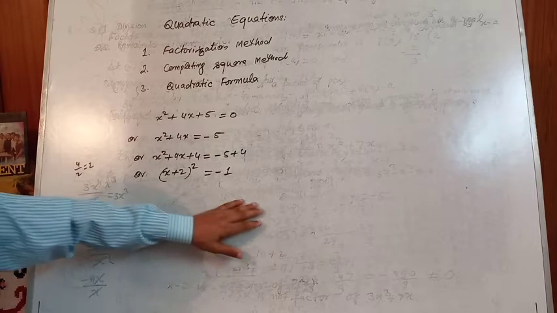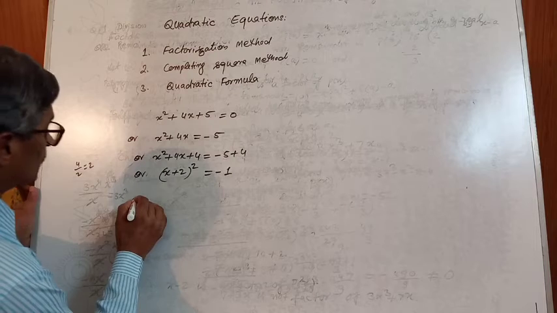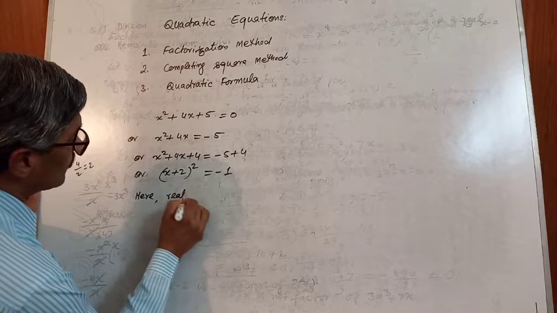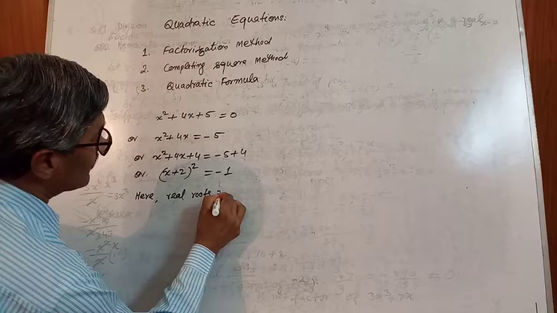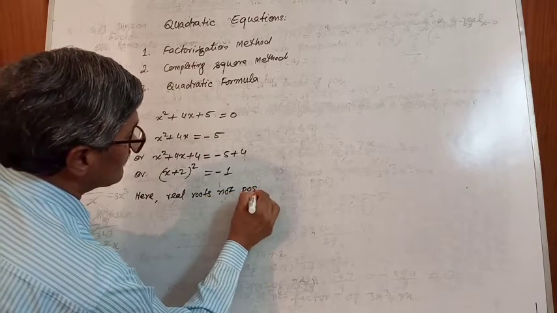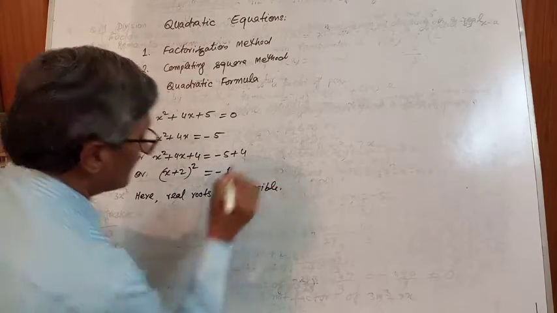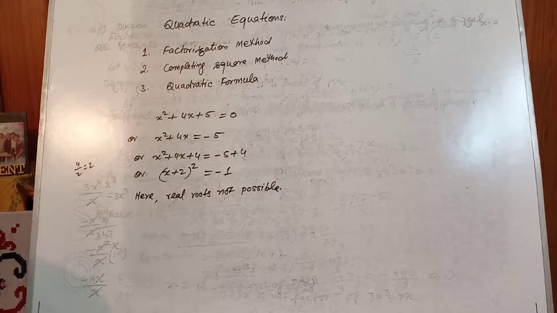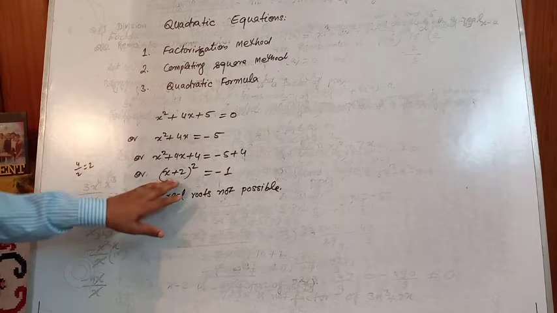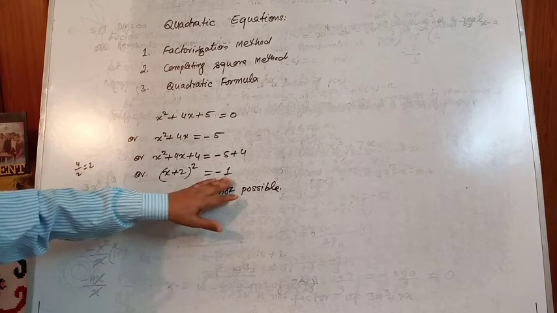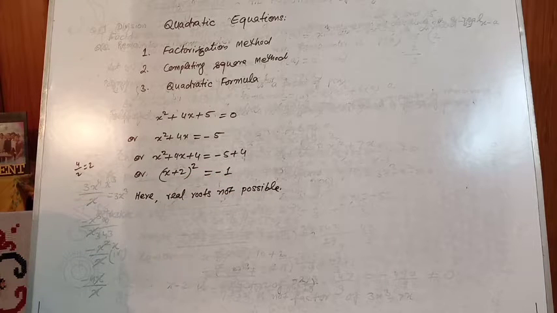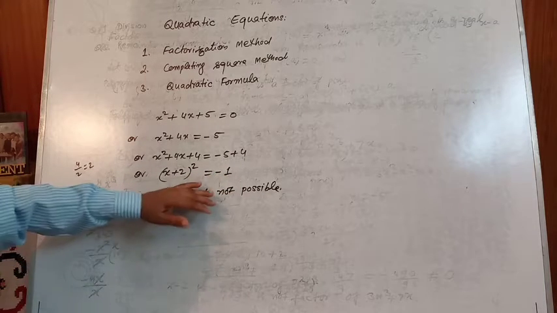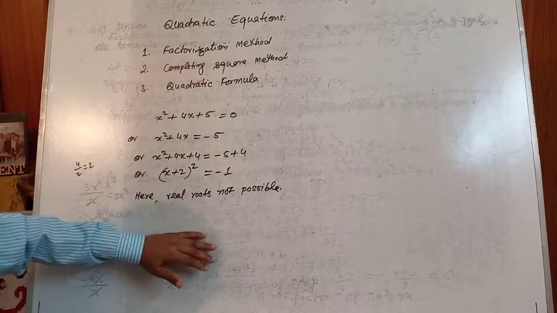If we get a result like this, we write real roots not possible. You will find some examples of this type in your book, where the square of some number is negative, and the square of any real number cannot be negative. So here we will leave it. We are not going to solve further.